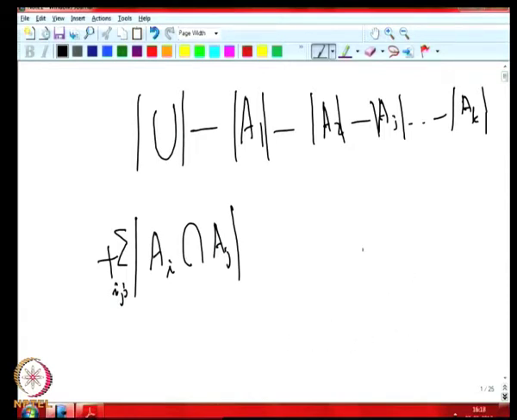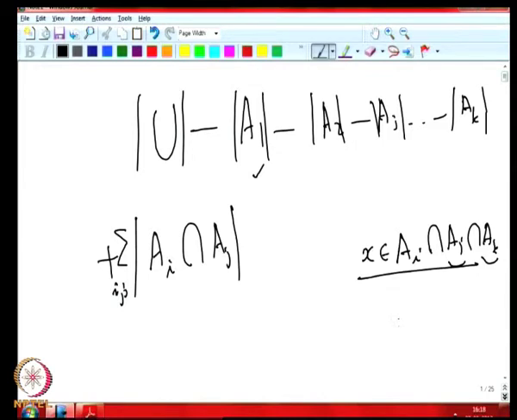Once, say, if a member was in A_i intersection A_j intersection A_k, that member was subtracted for this one, A_i, when it was part of A_i. That member contributed to the minus term in A_j, and contributed to the minus term for A_k also.